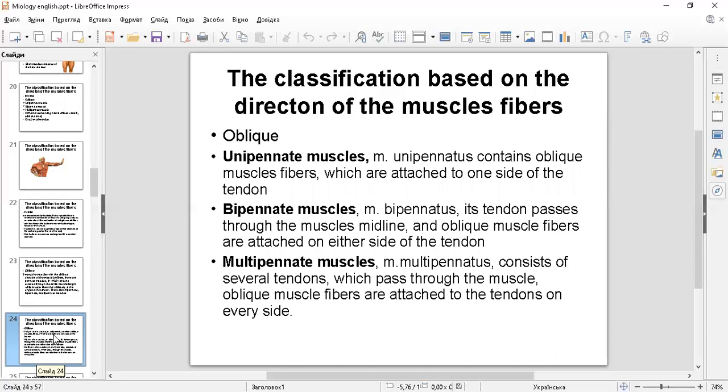Multipinnate muscles, musculus multipinnatus, consist of several tendons which pass through the muscle, and oblique muscle fibers are attached to the tendons on every side.